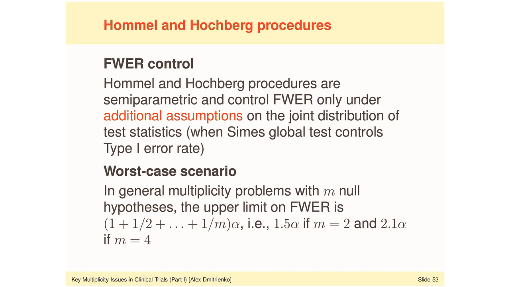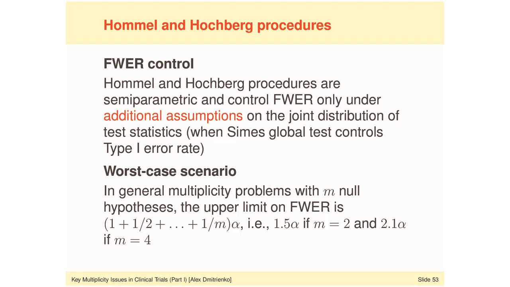In fact, there have been some publications that studied the worst case scenario for the Hommel and Hochberg procedures to understand to what extent the family-wise error rate could be potentially inflated. This example is shown at the bottom of the slide.